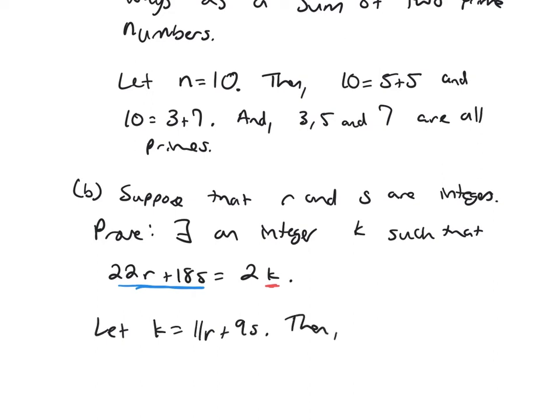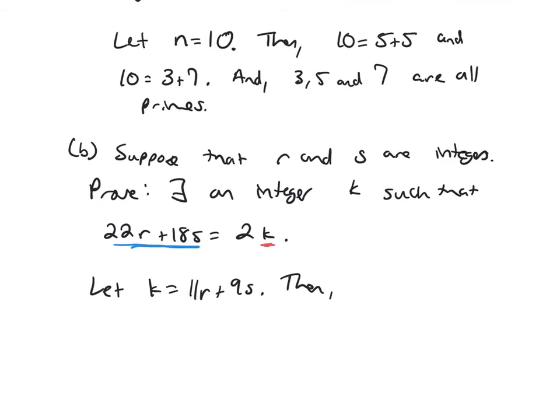Then we need to say why k is an integer here. K is an integer. Why? Because it is a sum of products of integers.